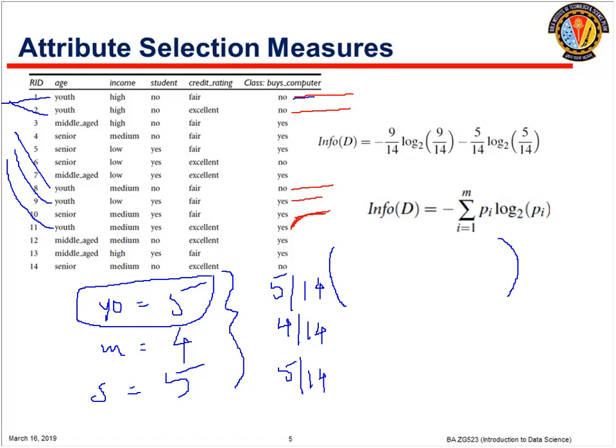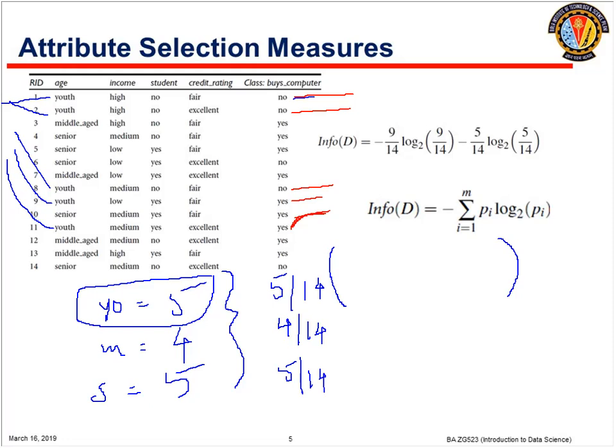So let's only consider these examples now and look at the entropy of this particular system. Entropy means how much disinformation is there. Looking at these 5 examples, there are 3 no's and 2 yes. Entropy you can calculate in a similar way as earlier.